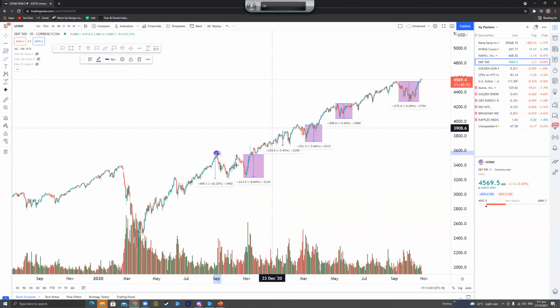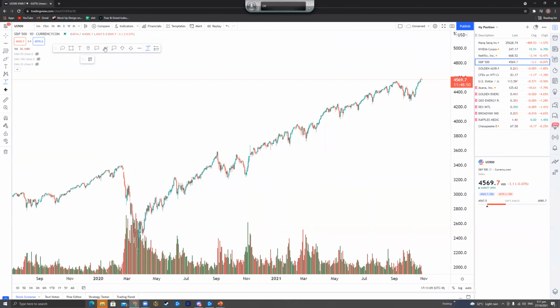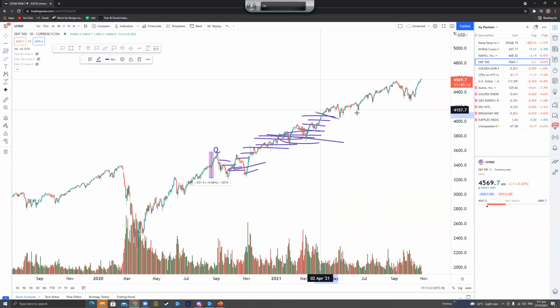Anywhere along the way, aside from this little point, which is a 10% retracement, if you bought anywhere else, just draw a random line across this chart, the retracement you need to be able to hold is actually less than 10%, because that's the highest point where it dropped to the lowest.